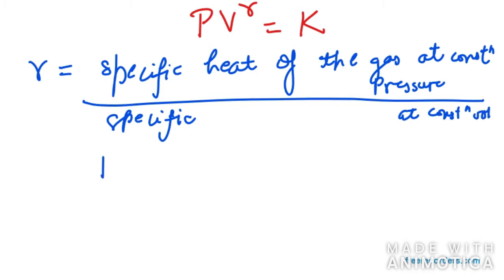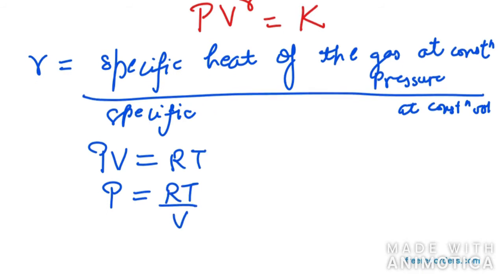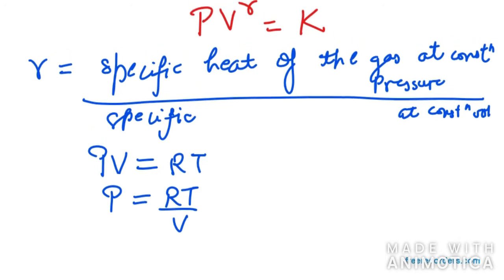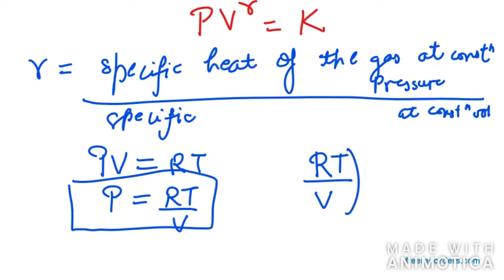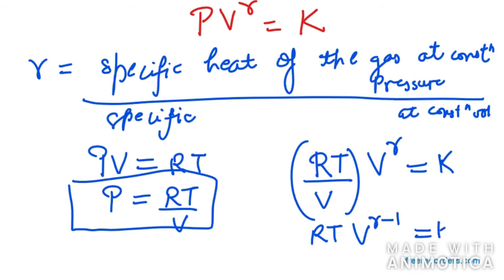Now, as you know, the equation for ideal gas is PV equal RT. Now we can get the value of P from here. That will be RT over V. Now we'll be putting this pressure value into the equation of adiabatic. So it will be (RT/V) V^gamma equal K. So it can be written as R T V^(gamma minus 1) equal K. And we can bring this R to the right hand side, as you know it is a constant.